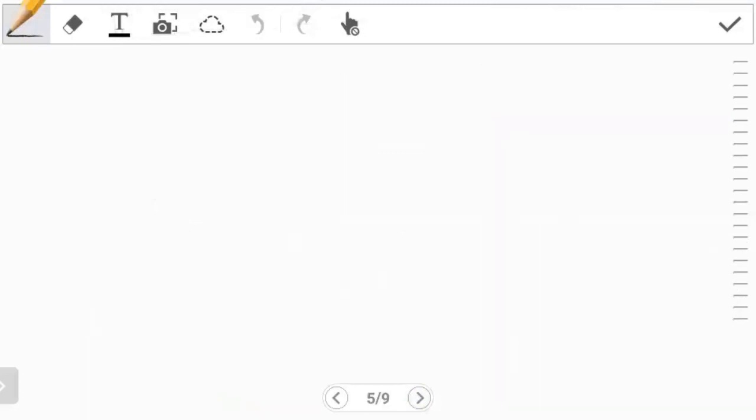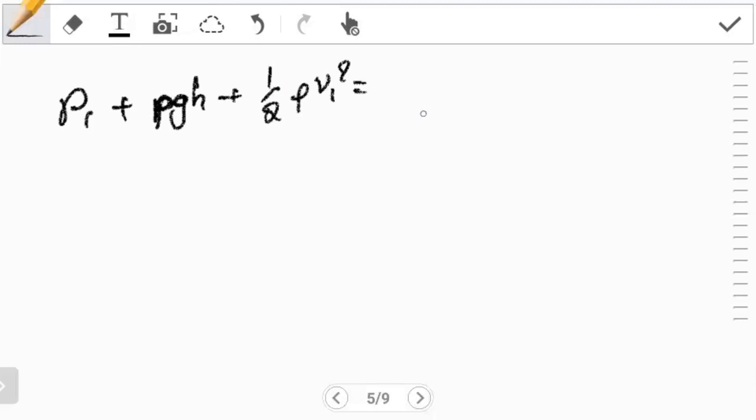So what we have is P1 plus rho gh plus half rho V1 squared equal to P2 plus rho gh plus half rho V2 squared.